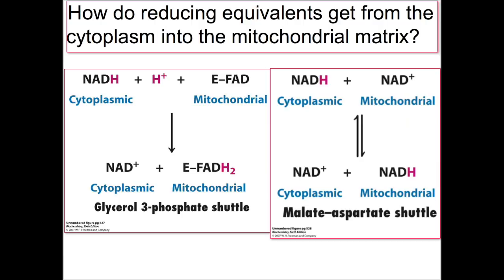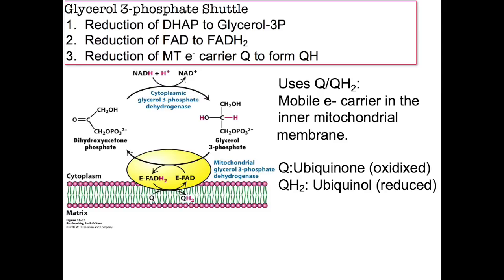With the malate aspartate shuttle, we begin with NADH carrying the electrons in the cytoplasm, and we're going to pass those over to an NAD+ molecule that's in the mitochondrion. We end up with NAD+ in the cytoplasm and NADH in the mitochondria. This is the glycerol 3-phosphate shuttle.